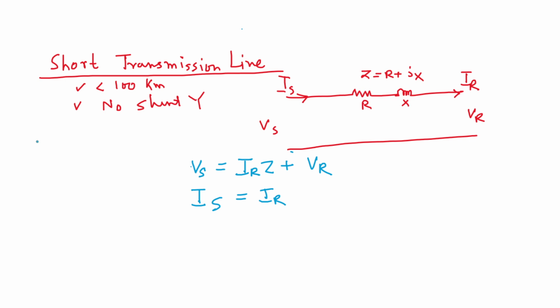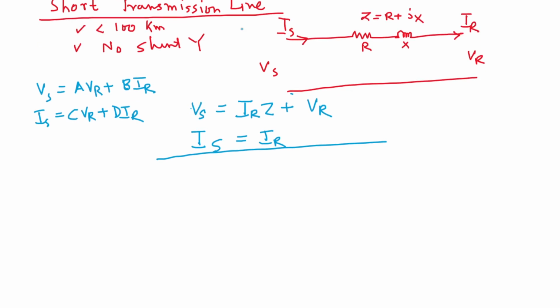Now if we compare with the equation Vs is equal to A Vr plus B Ir, and Is is equal to C Vr plus D Ir, we can write A is equal to 1, B is equal to Z. For Is equal to C Vr, there is no Vr, so C has to be 0, and D is equal to 1.